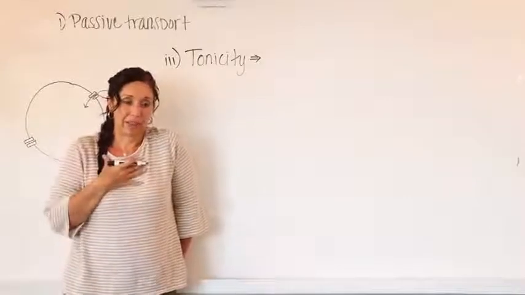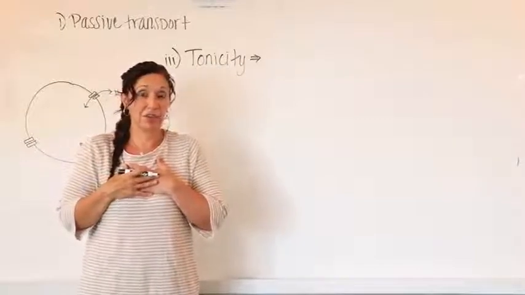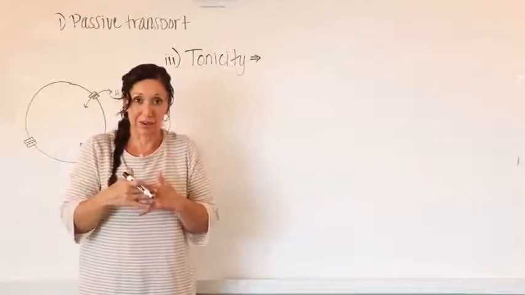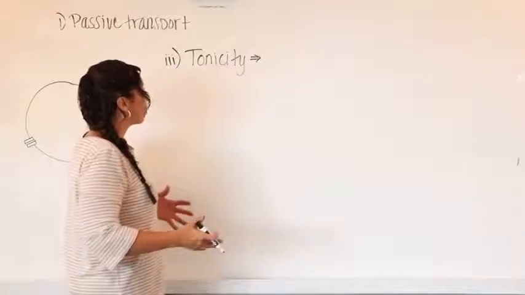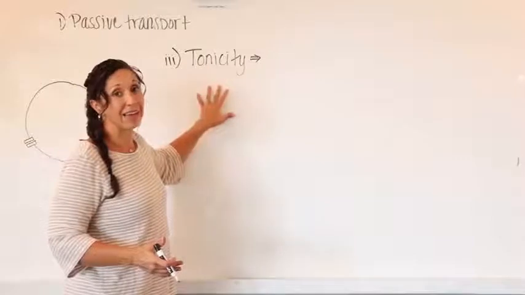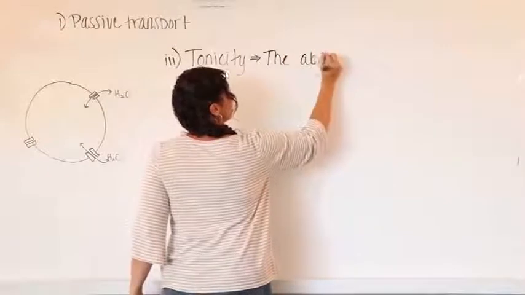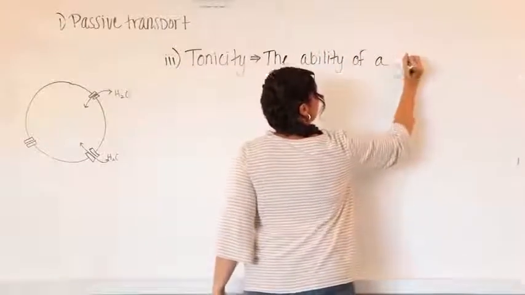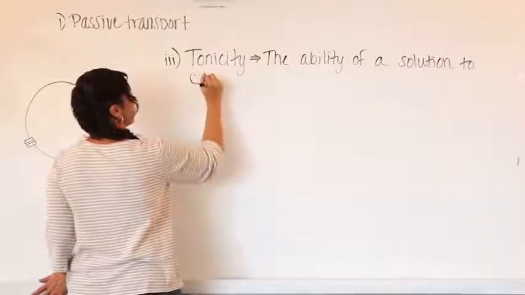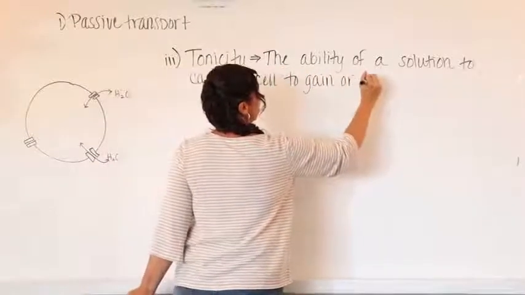So if I'm a cell and I have a specific tonicity, let's say I have a very high solute or substance concentration inside my cell, water is going to want to move in. All right? We're going to talk about all these examples. So tonicity is the ability of a solution to cause a cell to gain or lose water.